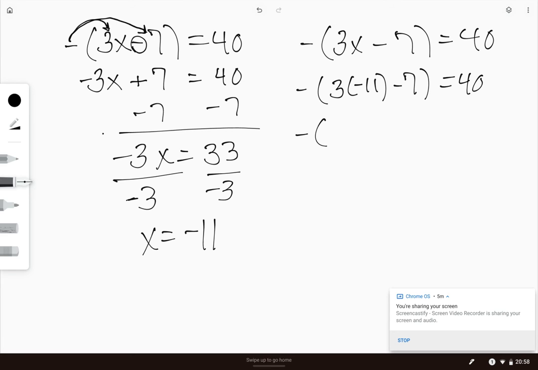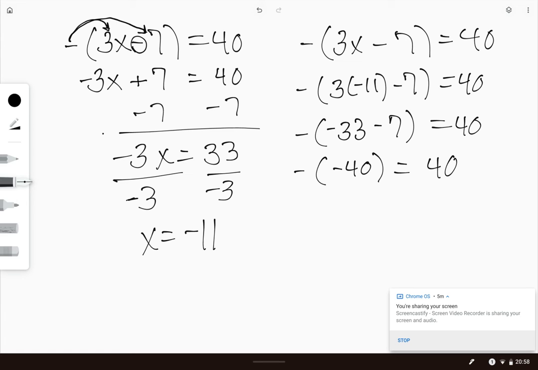So 3 times the negative 11 is a negative 33 minus 7 equals 40. So negative 33 minus 7 is a negative 40. So two negatives make a positive. So 40 equals 40.